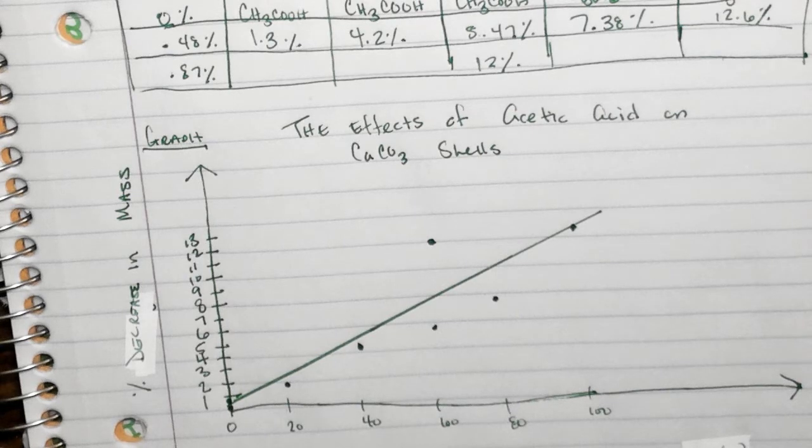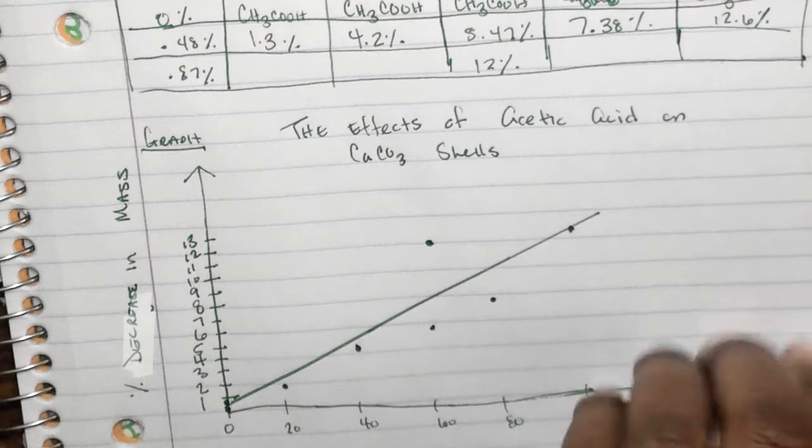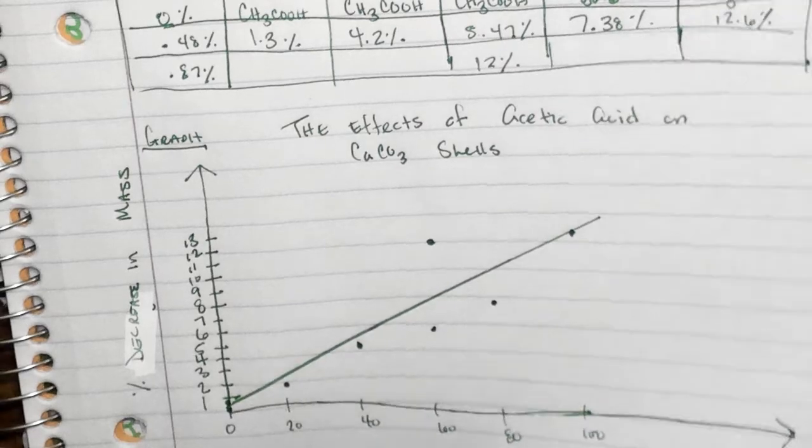So here's what I want. Conclusion. I want you to start off with the claim, and you don't have to write claim in the conclusion, because the conclusion is just a paragraph.